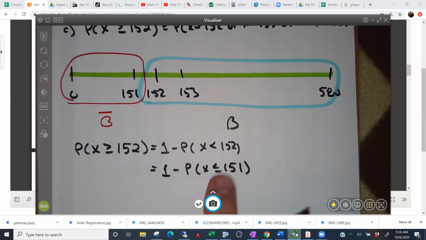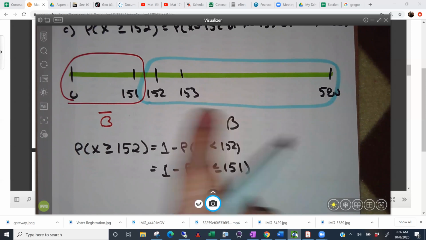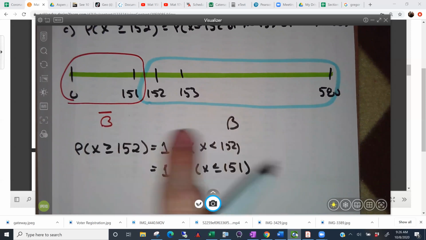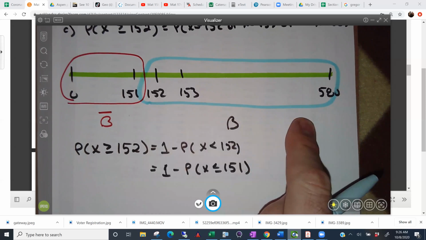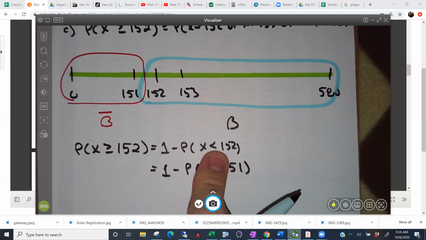Do you agree with that? So you're either here or here. But the probability that X is greater than or equal to 152 is 1 minus the probability of the complement, or that X is less than 152.